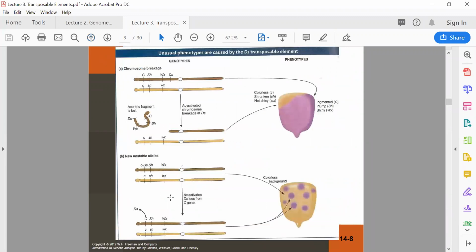Okay. So I think what you're asking, you're saying the AC activates up the top. Here's the DS up here. So the AC will activate that, to break the chromosome here.